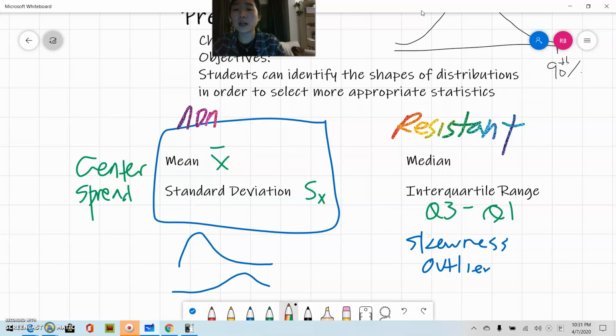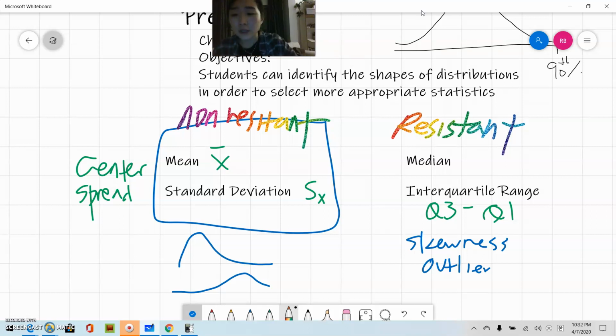Mean and standard deviation are non-resistant, meaning when there is an outlier or skewness, it's not a very accurate description of your distribution. So if it's skewed, you are always going to choose median and interquartile range to describe your distribution. If it's not skewed and there is no outlier, you're always going to choose mean and standard deviation to describe your distribution.